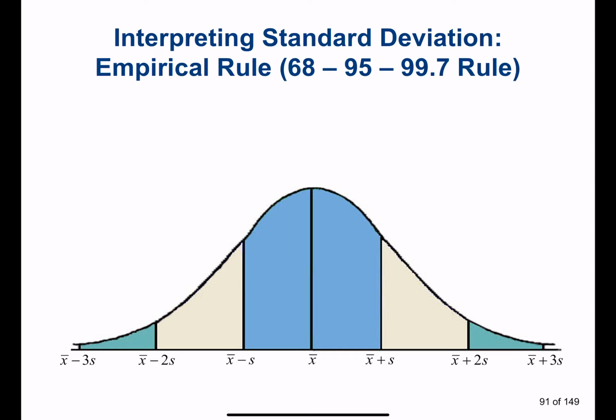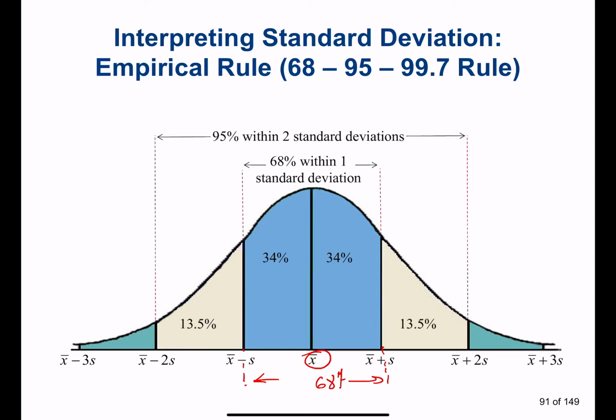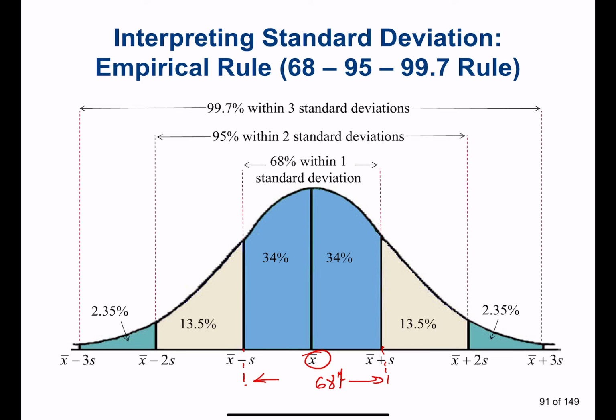So here it is, plus this is our x bar, plus minus s plus s, so this is going to be 68%. Yeah, 68%, and then plus minus 2 standard deviations will be 95%, plus minus 3 standard deviations will be 99.7%.